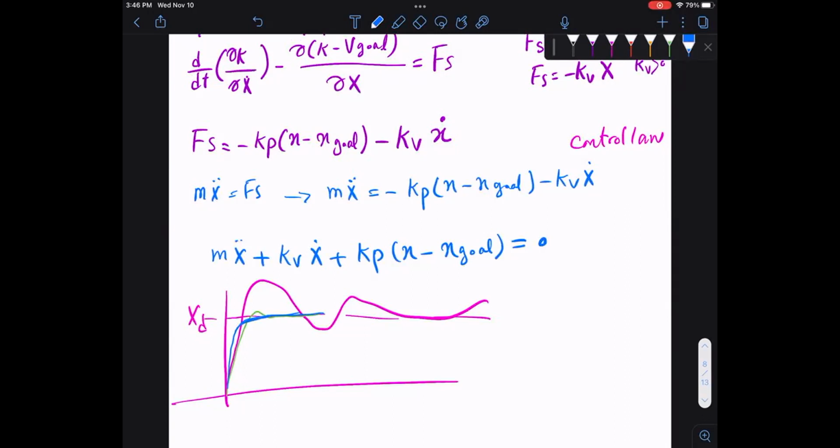Then you have to check the specification. What was the rise time expected, or what was the settling time expected of the system? How fast, basically, your system reaches the point you need. So now, by looking at the response, we can tune these two values.